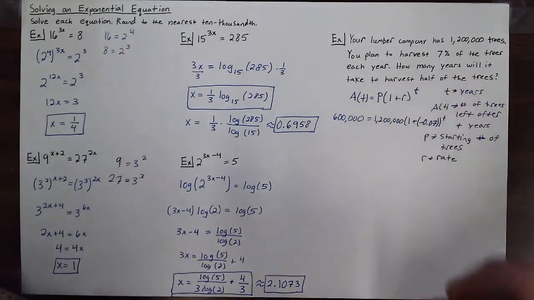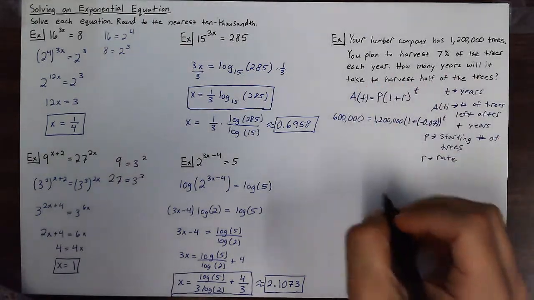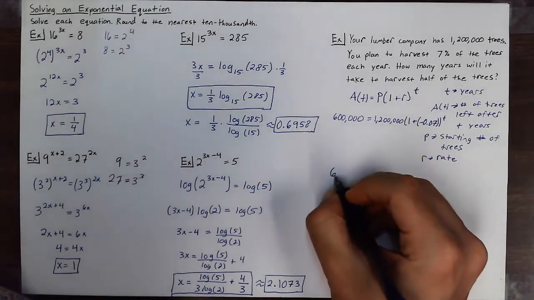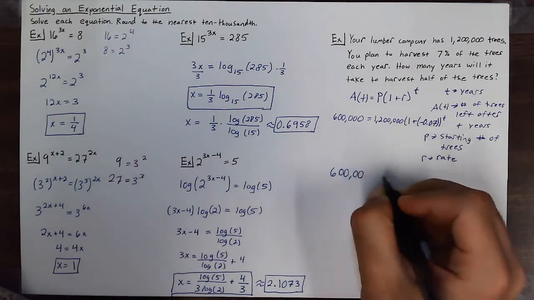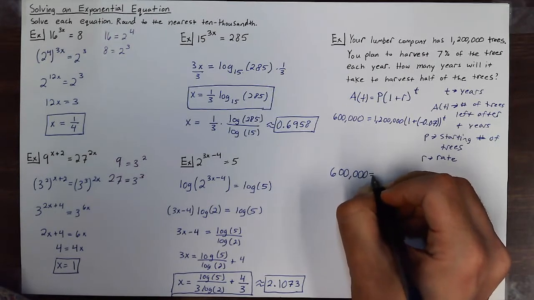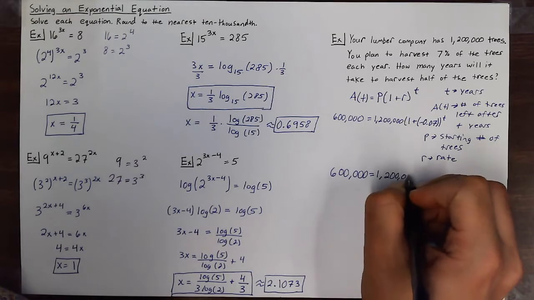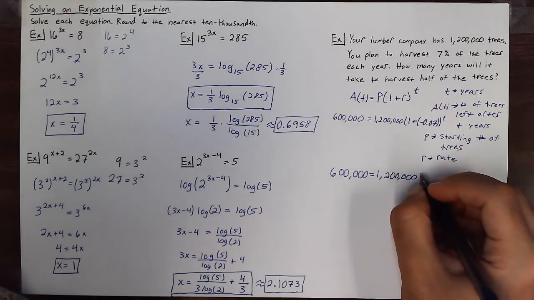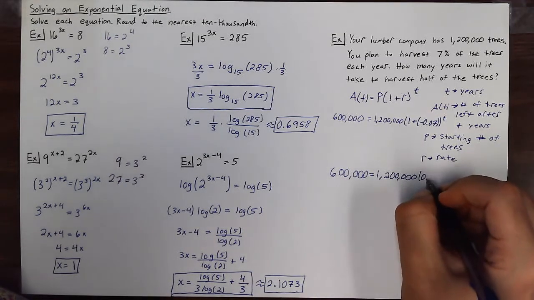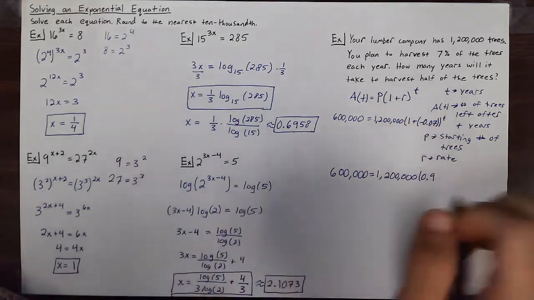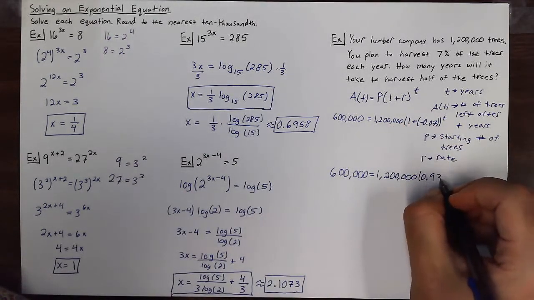How long will it take? Simplifying the statement, I can write this as 600,000 equals 1,200,000 times 0.93, which is 1 plus negative 0.07, to the t.